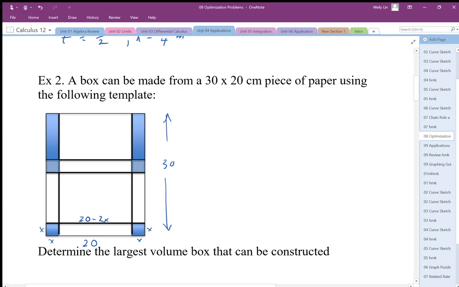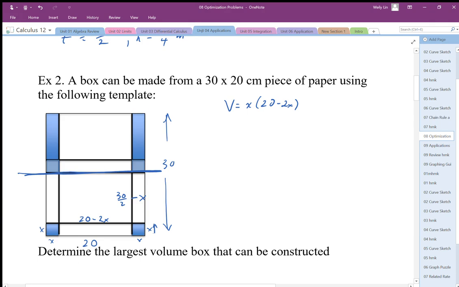So our volume is going to start looking like this. Volume is equal to the height x times 20 minus 2x, which is a width. And then we just need to figure out this length here. If I take a look at this length, it is going to be the middle where I split it through here. That means this length will be half of 30, or 15, minus just the 1x right there.